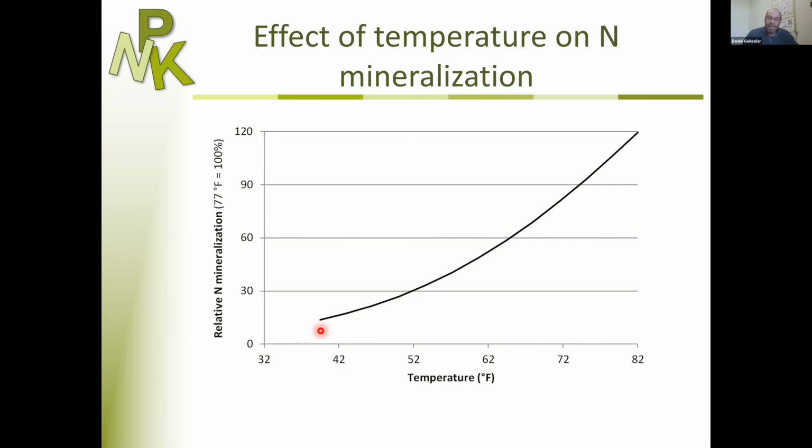That's why we keep our food in the fridge, because microbes cannot spoil it, or only much more slowly, when temperatures are low. As temperatures increase, microbial activity, including nitrogen mineralization, increases exponentially, not just linearly. That means in summer, microorganisms are much more active than during the winter.